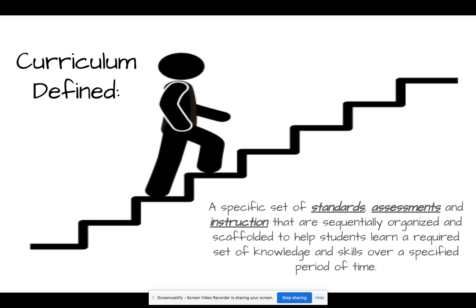You can't just flip-flop them around, because they are supposed to build on one another, scaffold in such a way that they help students learn a required set of knowledge and skills over a specified period of time.